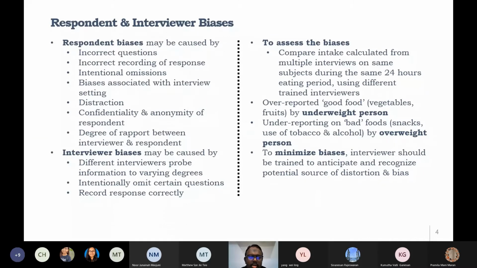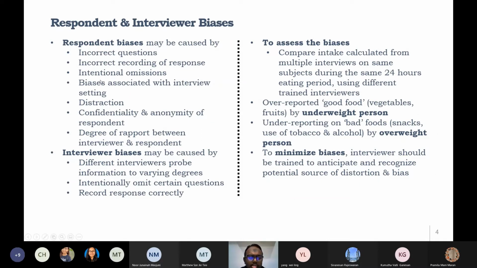So let's look at the measurement errors one by one. The first one is respondent and interviewer biases. So we have two parties here, the respondent and also the interviewer. For the respondent side, the bias may be caused by incorrect questions, incorrect recording of response, especially when they have to respond on their own self-administered questionnaires.